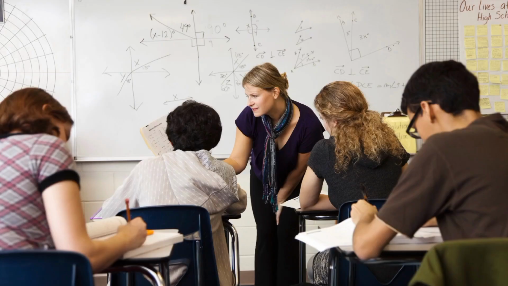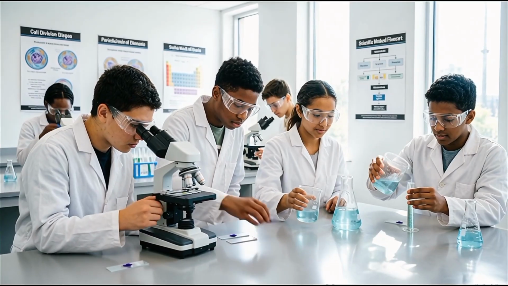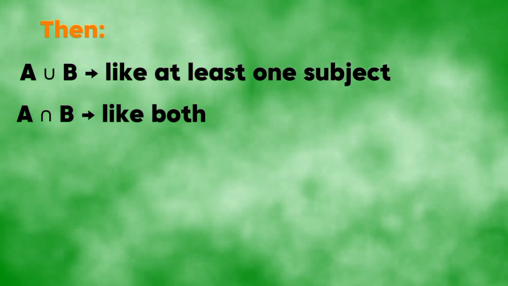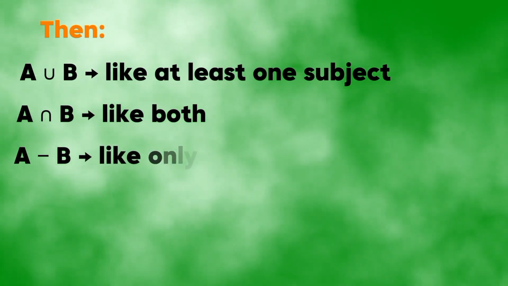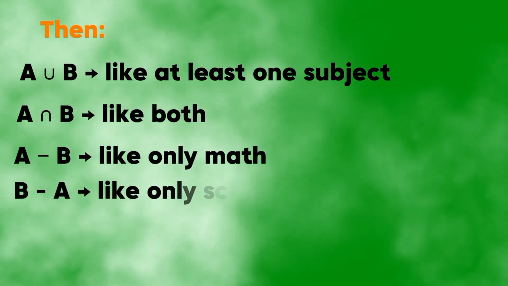Let's connect this to real life again. Students: set A equals like math, set B equals like science. Then A union B is like at least one subject. A intersection B is like both. A minus B is like only math. B minus A is like only science.